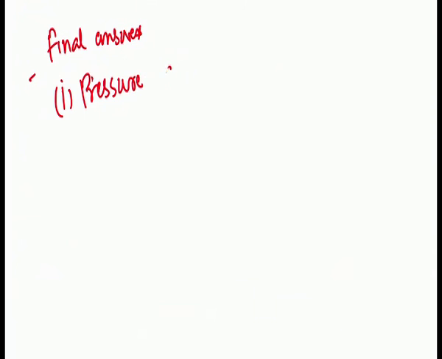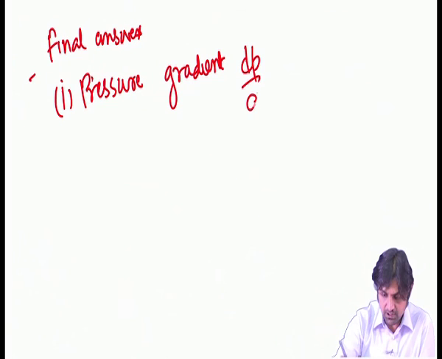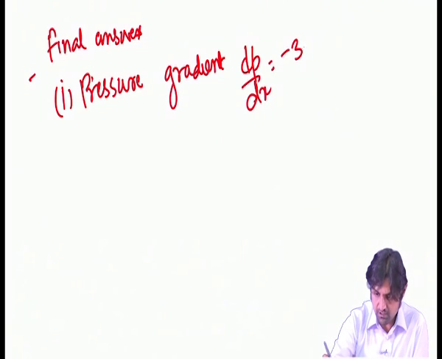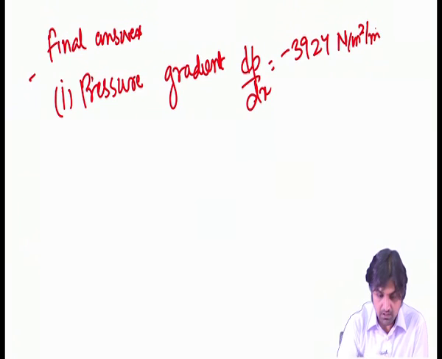Okay. So, final answers. The first one is pressure gradient that was required, dp dx came out to be minus 3924 Newton per meter square per meter.